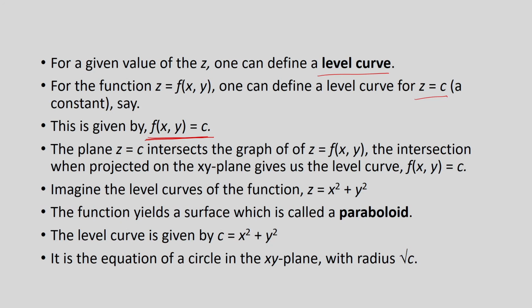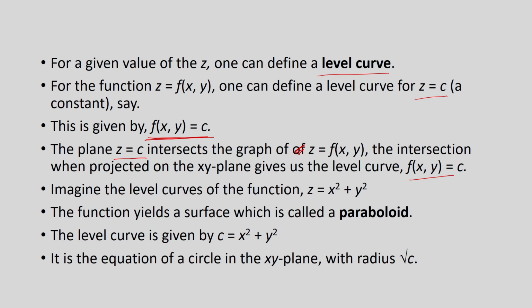So, the plane z is equal to c intersects the graph of z is equal to f of x y. The intersection, when projected on the x y plane, gives us the level curve f of x y is equal to c. So, that is the full explanation of this.